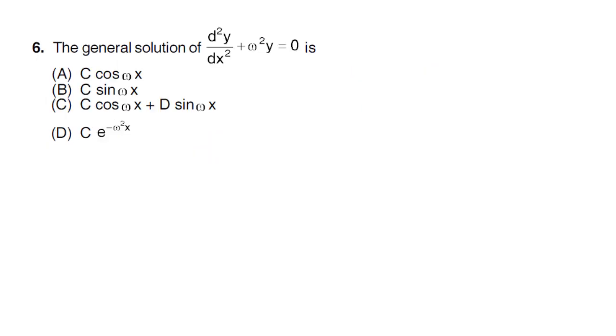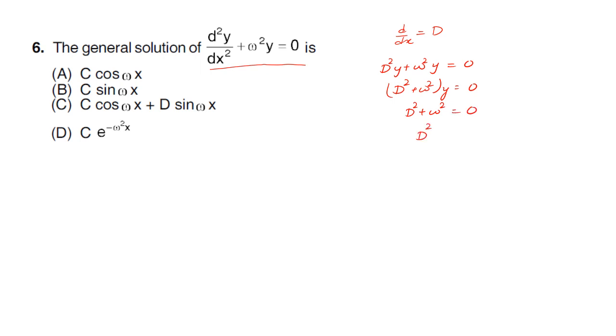The general solution of d square y by dx square plus omega square y is equal to 0 is. Consider d by dx as capital D, then D square y plus omega square y is equal to 0. Y is common, so D square plus omega square is equal to 0.